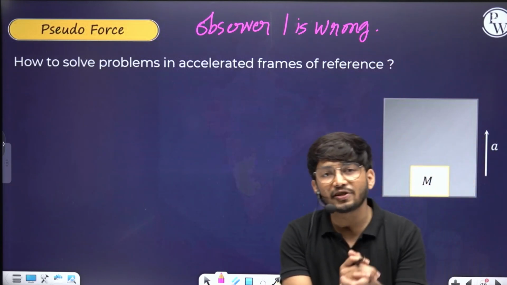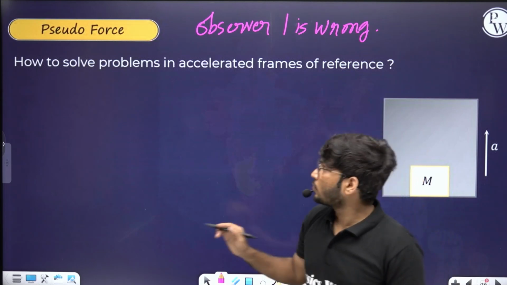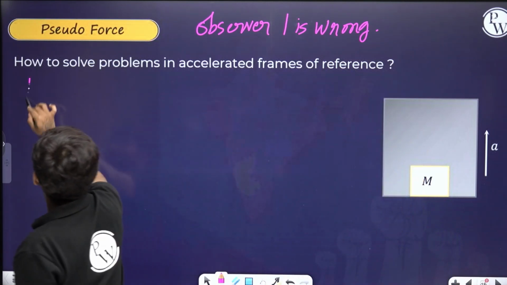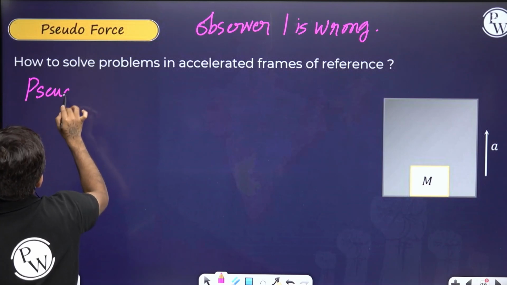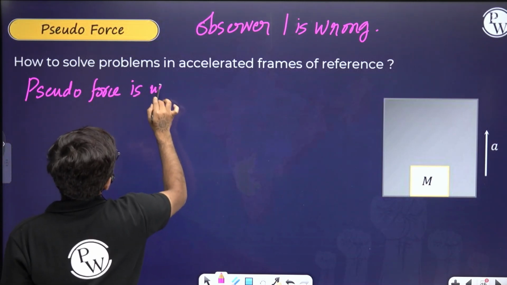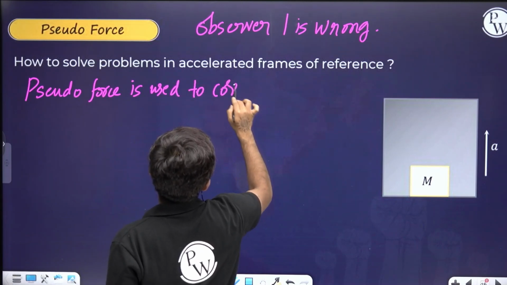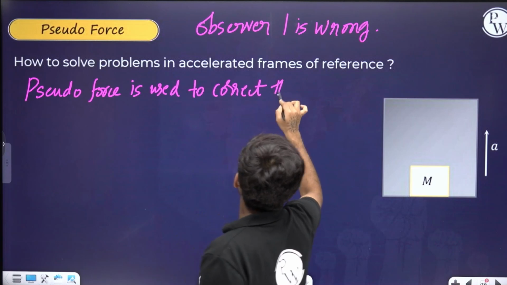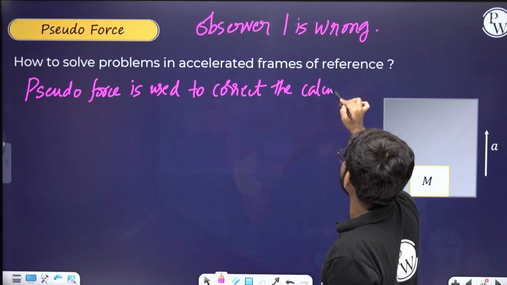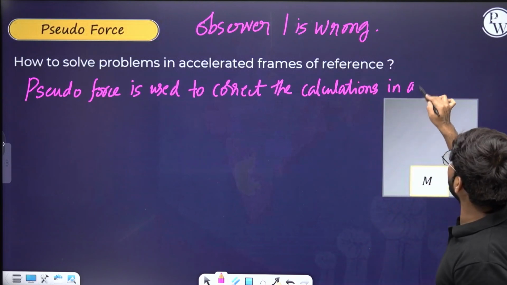That is where the pseudo force concept comes in. Pseudo force is used to correct the calculations in an accelerating frame.